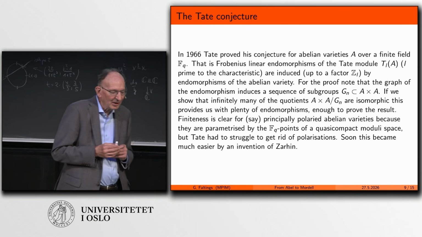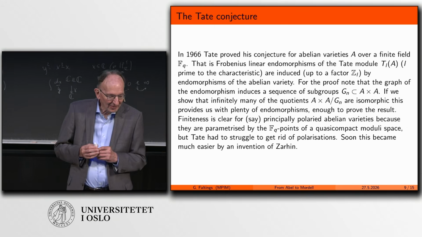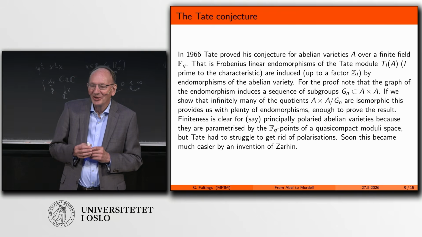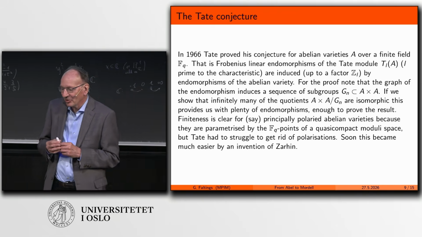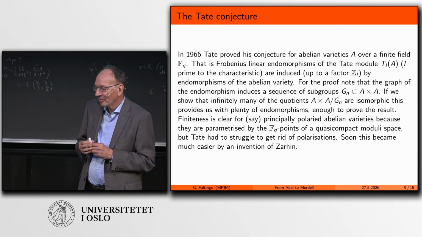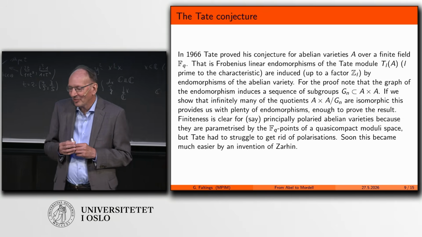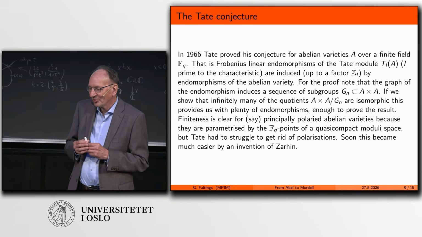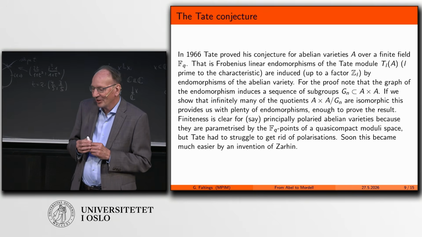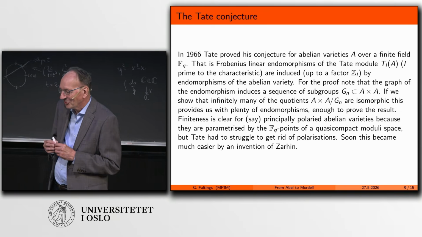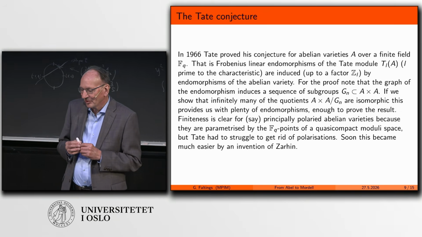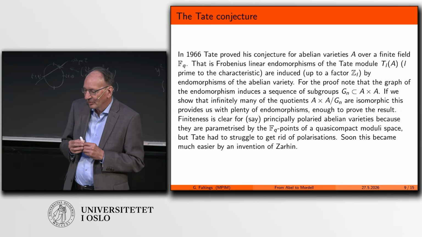There's a Galois representation. So Frobenius operates on the points in the algebraic closure, and there are endomorphisms, and the endomorphisms commute with the Galois operation, and the Tate conjecture says that the opposite is true. If you have something which commutes with the Galois representation on the so-called Tate module, then it comes from endomorphisms.